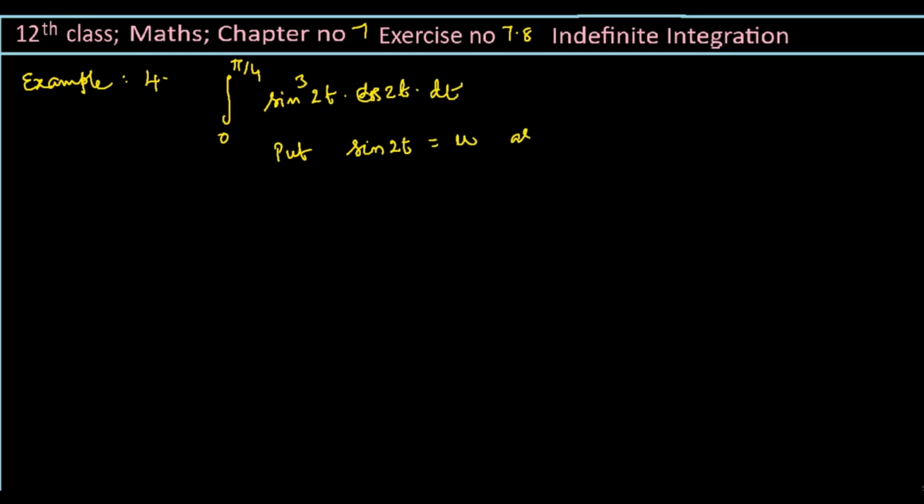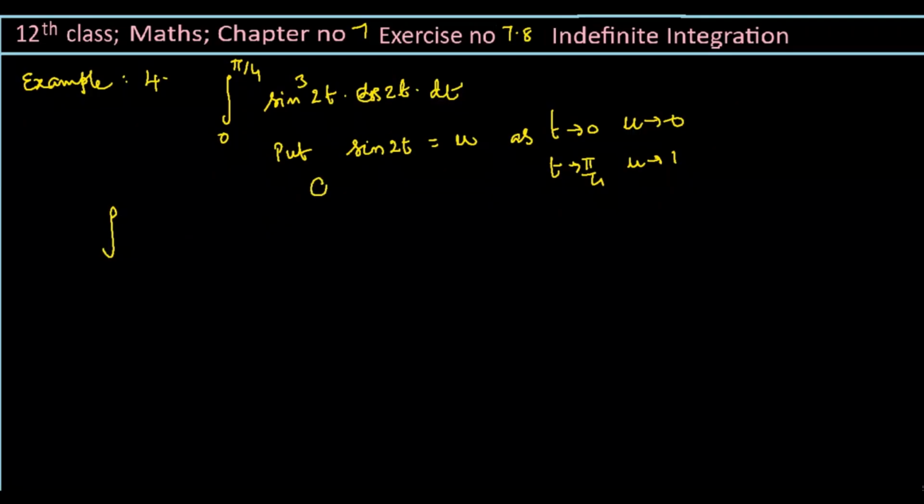Now, as t tends to 0, u tends to 0. As t tends to the upper limit pi by 4, u tends to 1. So this becomes, and what about derivatives?